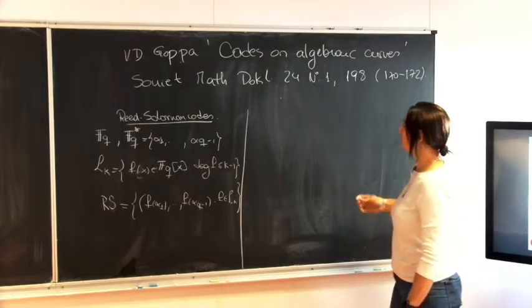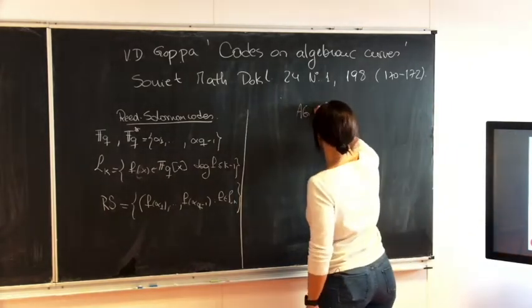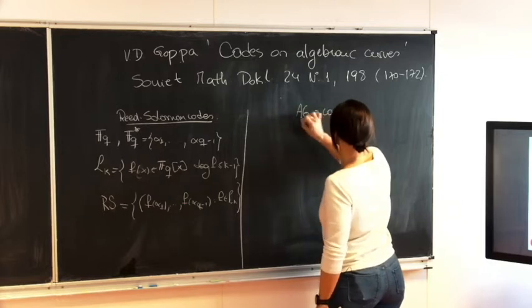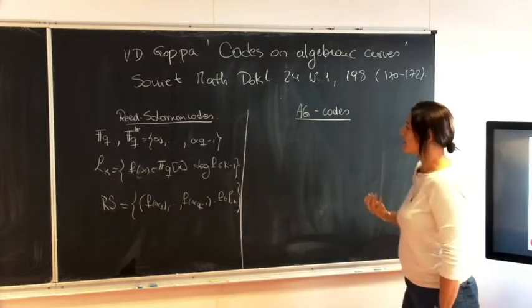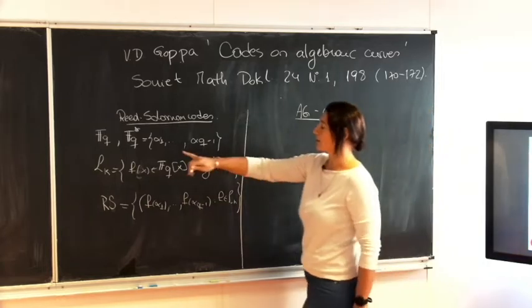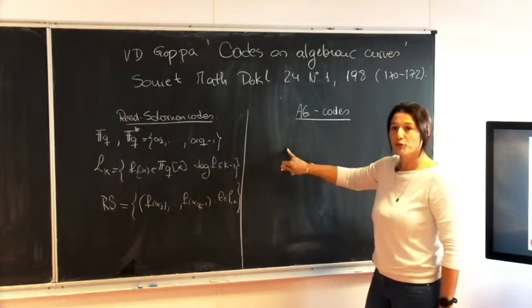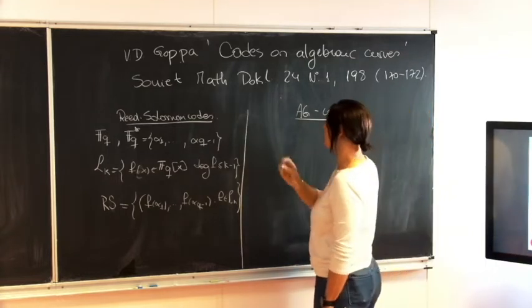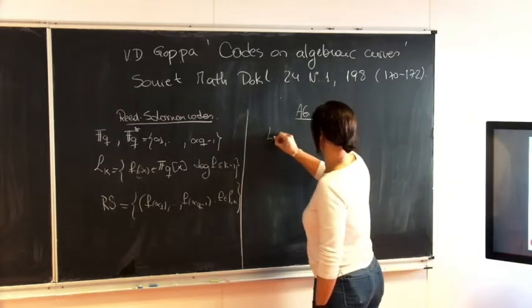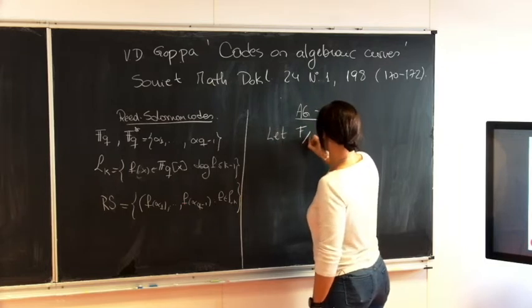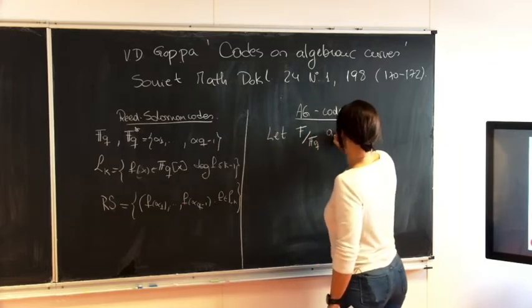And so for AG codes, instead of working on a finite field, we work over a function field defined over the finite field F_q. Let F over F_q be a function field.